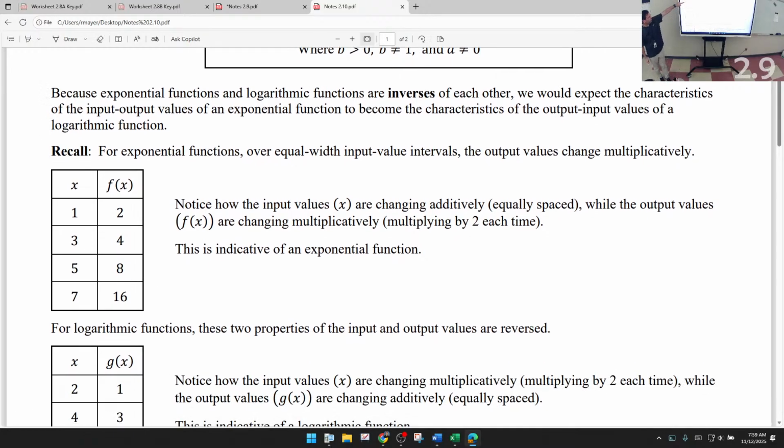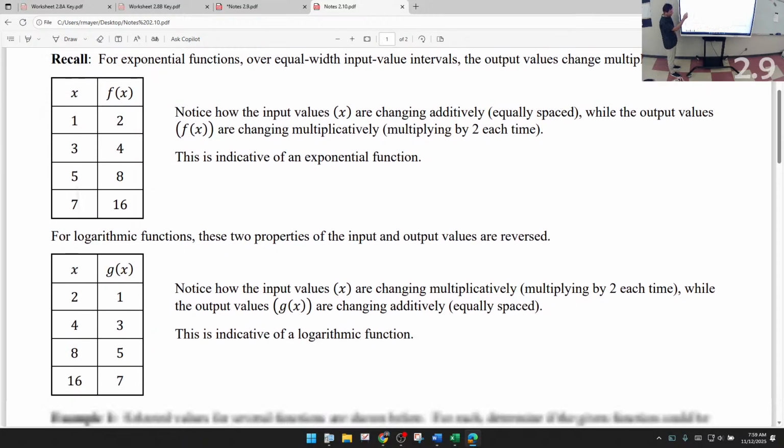For exponential functions over equal length input values, the output values change multiplicatively. They multiply, right? 1, 3, 5, 7, that goes by 2s. 2, 4, 8, 16, this multiplies by 2s. So that's exponential. You guys already know that.